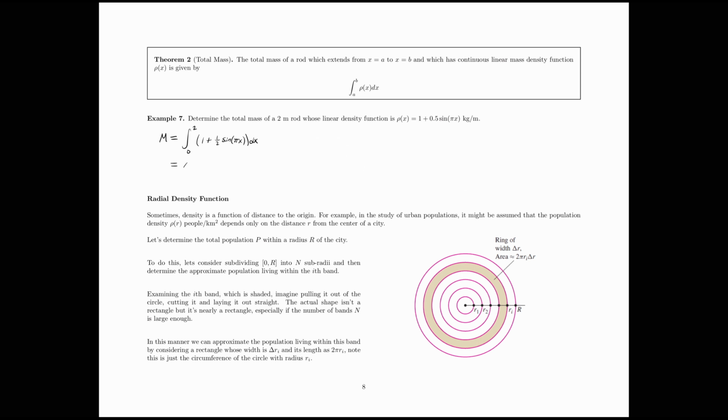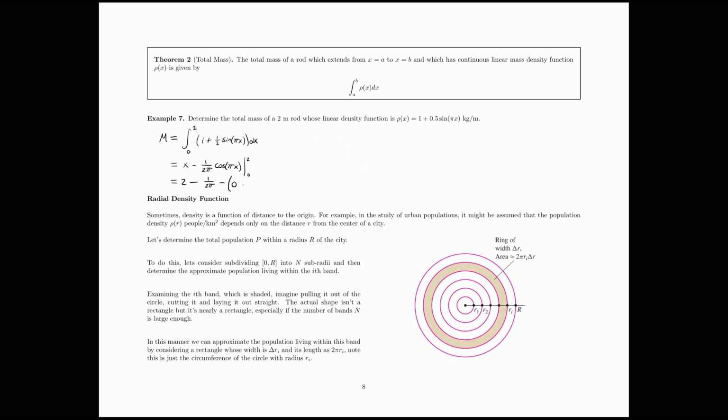So this is x minus, because sine integrates to negative cosine, so this would be minus 1 over 2 pi cosine of pi x, between 0 and 2. So 2 minus 1 over 2 pi, since cosine of 2 pi is 1, minus everything with a 0 plugged in.